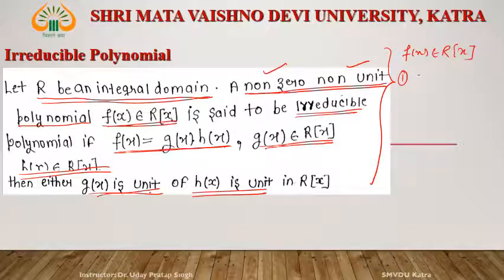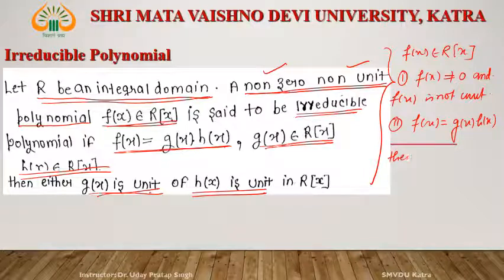What is the first condition? f(x) does not equal 0 and f(x) is not a unit. And second, if f(x) is equal to g(x) into h(x), then either g(x) or h(x) is a unit in R[x].